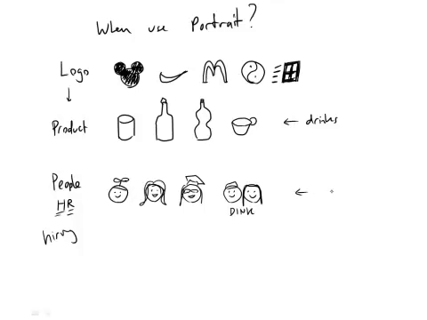The point is, we use our portraits to describe the type of people we're thinking of. And by drawing them out, it does a couple of things. Number one, it forces us to be very clear in thinking through, well, who really are we looking for, or who are we targeting, or who do we want to hire?